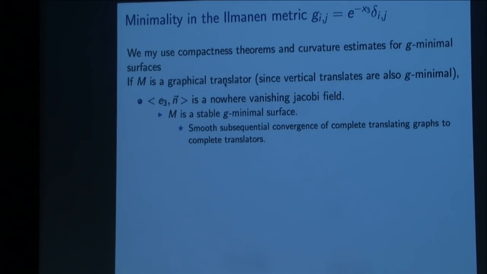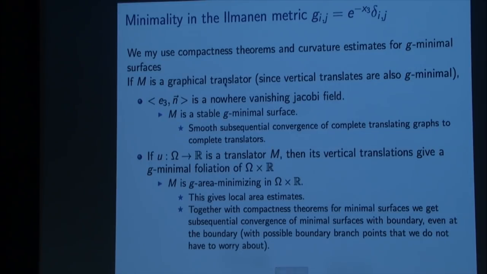So that means when you move these things up, you're going to have a family of stable minimal surfaces. These things translate up, and they're all minimal surfaces. So you get smooth subsequential convergence of complete translating graphs to complete translators. If I have a translator, then its vertical translates give a G minimal foliation, where G is this metric again.